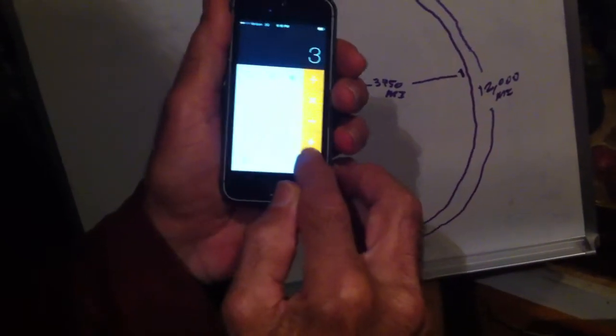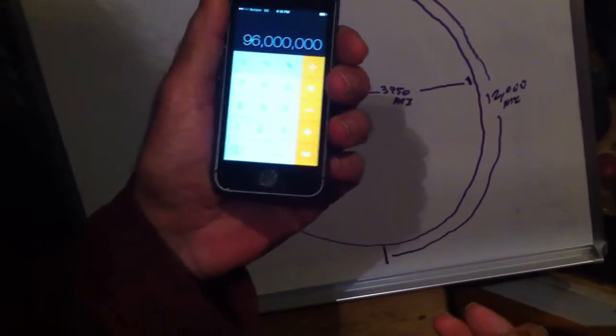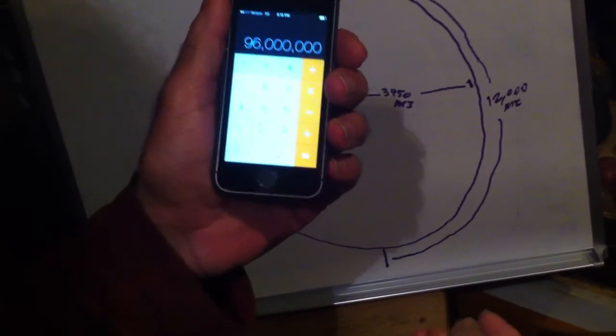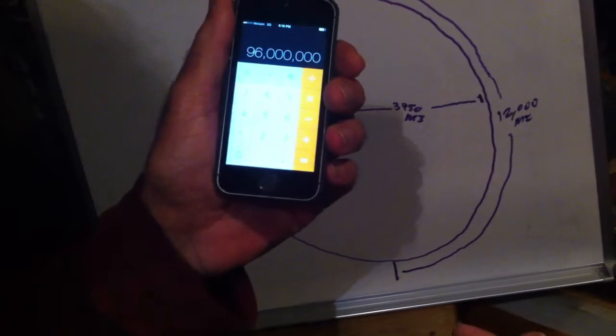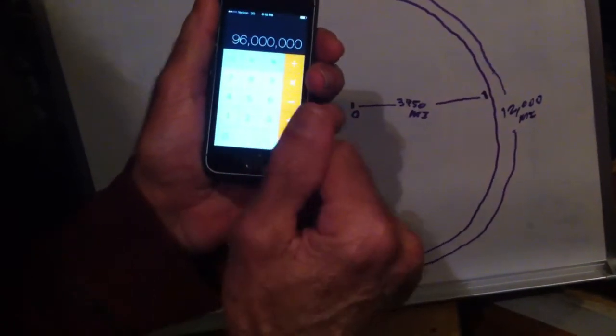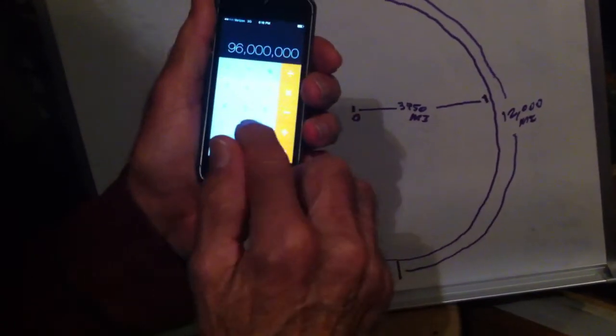That'll put us back to feet. We get 96 million feet. We're going to divide that by 5,280, which will give us the number of miles that this curvature should be.